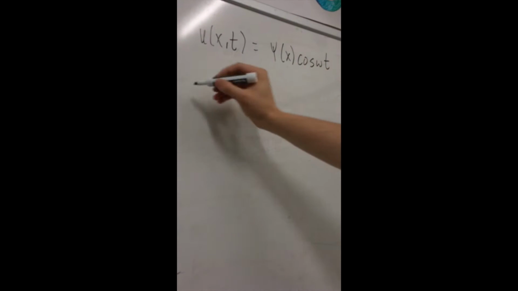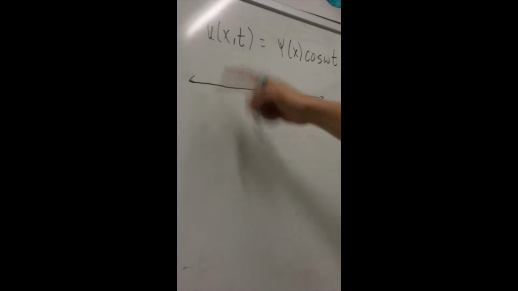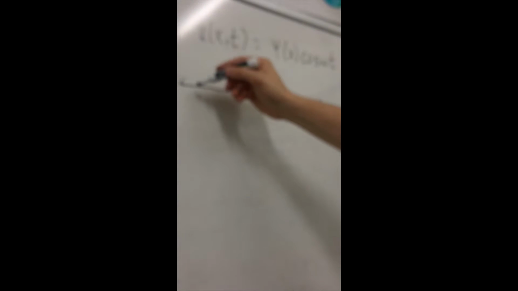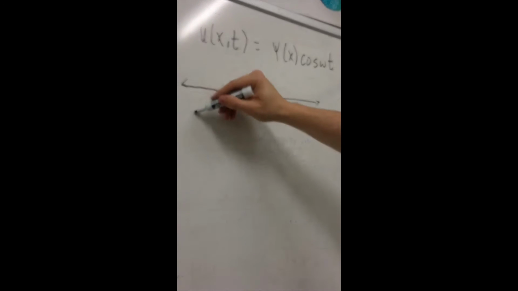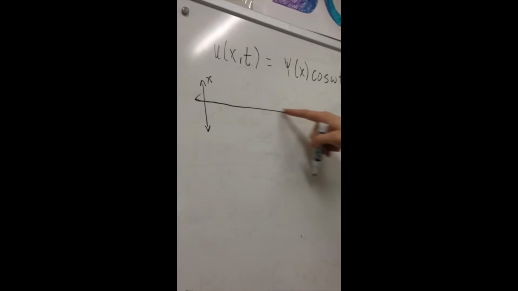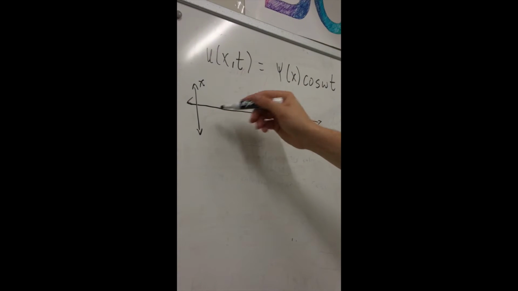So in one dimension, we consider it kind of like a rubber band. If you have a rubber band and then you pluck it and you observe its movements in time, you would be looking at only one spatial component, which is the x value. So it's how far is it from its original flat horizontal line, and as it moves in time, it'll change.